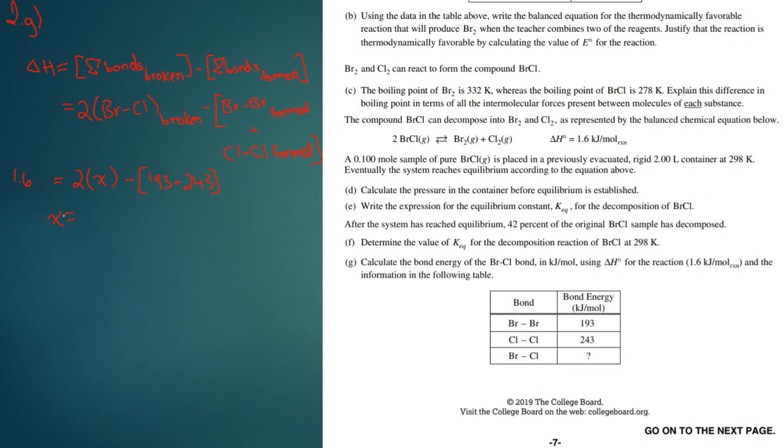Let me check. Plus 193 plus 243 divided by 2. I get 218.8. And then, of course, once again, always remember your significant digits. So it's about 219. And that marks the end of question number 2.